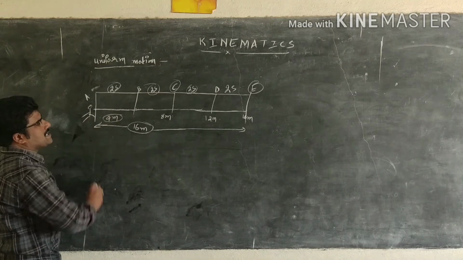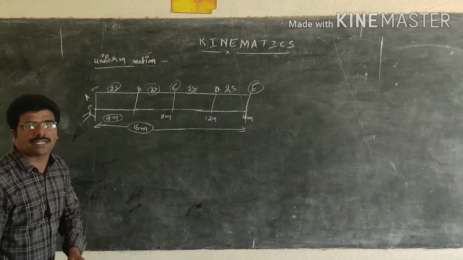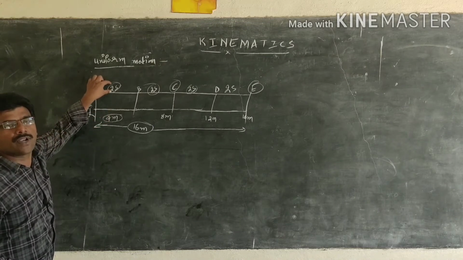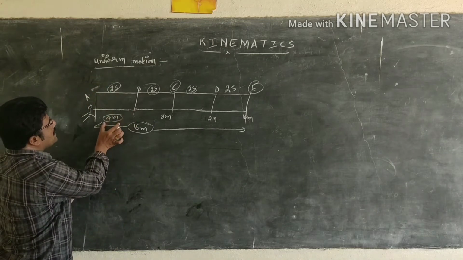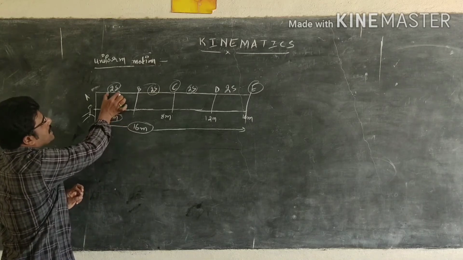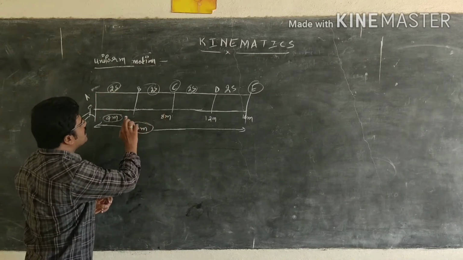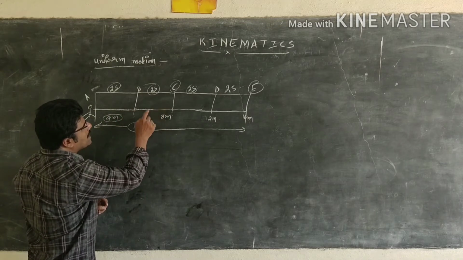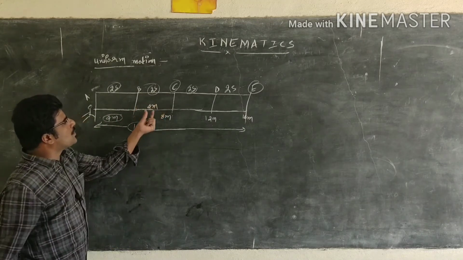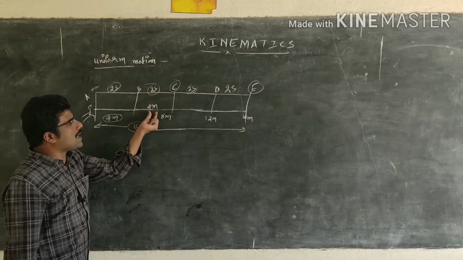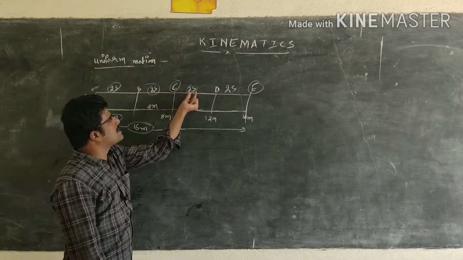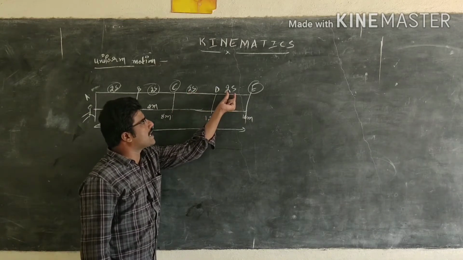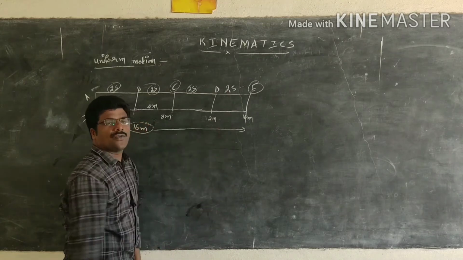Now, here the person has traveled equal distance in equal intervals of time. See, A to B, the distance is 4 meters. The time taken is 2 seconds. B to C, from 4 to 8 meters, that means it is 4 meters. So he has taken 2 seconds to travel another 4 meters. Here also, he has taken another 2 seconds to travel 4 meters. Here also, another 2 seconds to travel another 4 meters.